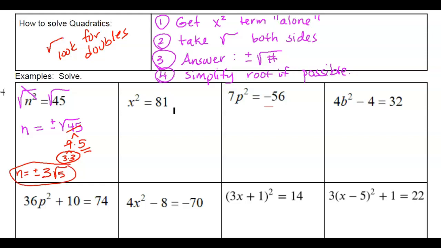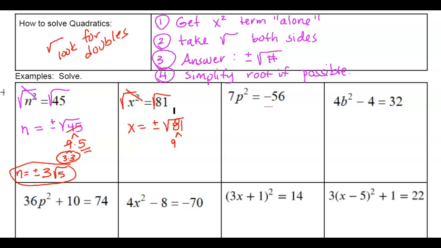Okay, so let's look at my second example. Same idea. We've got x squared equals 81. The x squared term is alone, so I can start by taking the root. Root and squared are inverses, so they cancel. So x equals plus and minus root 81. So I need to come up with 2 numbers that multiply to 81.